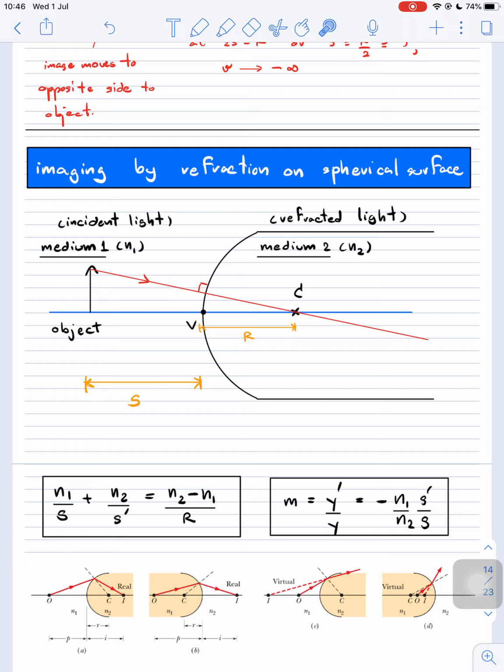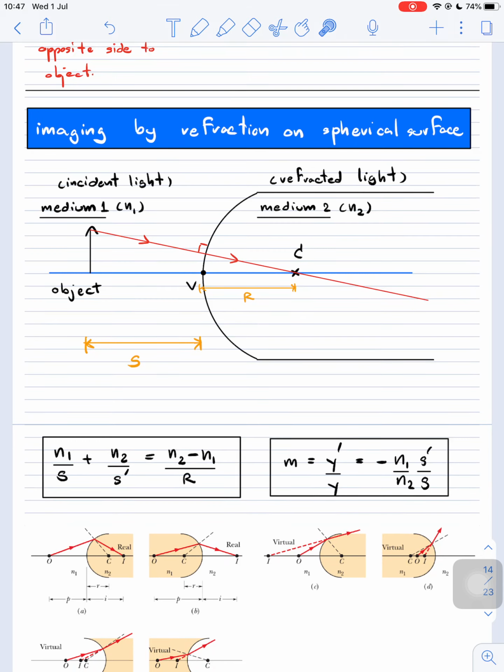Some part of the light will be reflected back along its original path, and some part will be transmitted through this interface into medium 2.